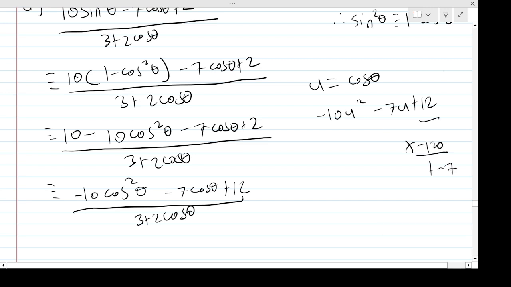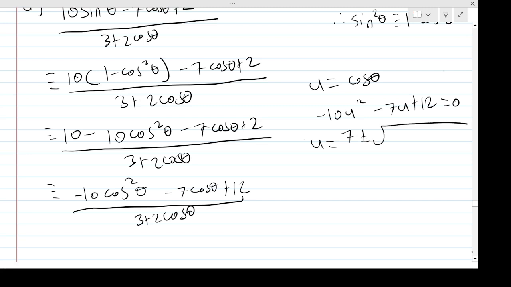But there are a lot of factors of this minus 120. What we can do instead, and we can actually use the factor theorem to help us, is find the two roots. If I make this equal to 0, I can solve this equation. So u would be plus 7 plus or minus the square root of minus 7 squared, take away 4 lots of minus 10 lots of 12, all over 2 lots of minus 10.